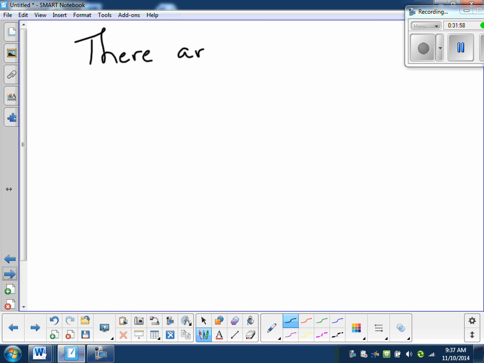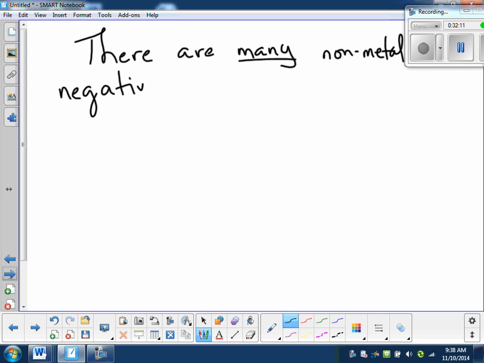There are many non-metal negative charged ones. I'm not sure what page in your textbook. Could someone look in your textbook? It's probably in the middle of chapter 3 somewhere.